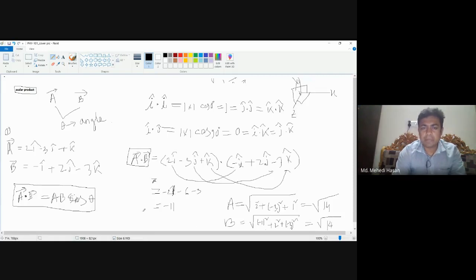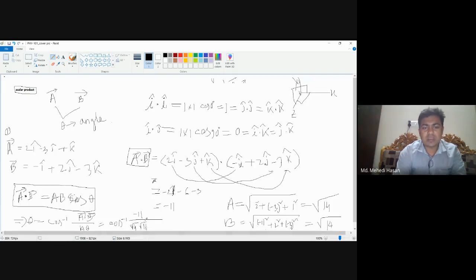Now from this we can easily find the angle between these two vectors. So theta equal to cos inverse of a dot b divided by the magnitudes of these two vectors a and b, equal to cos inverse of minus 11 divided by root over 14 multiplied by root over 14.